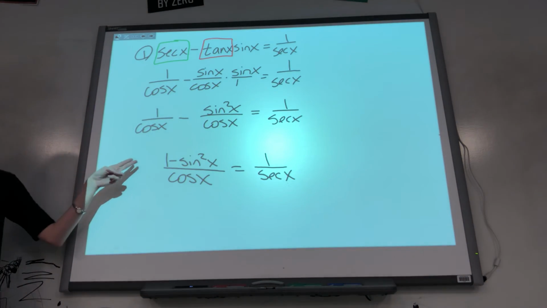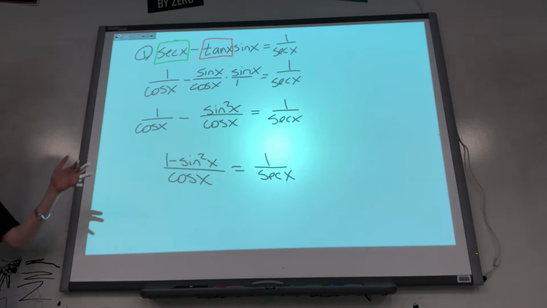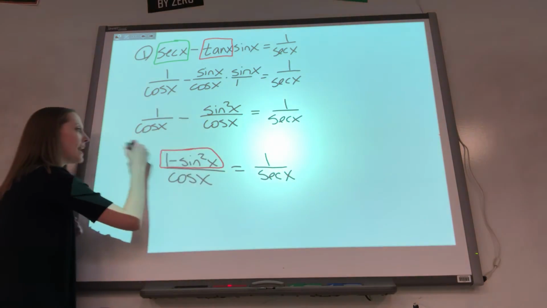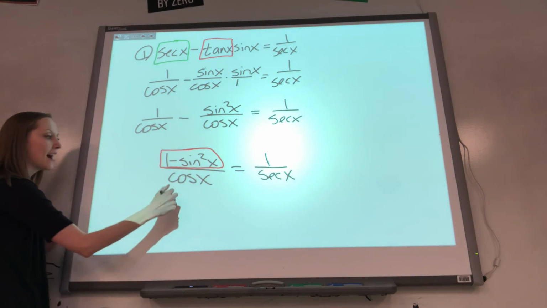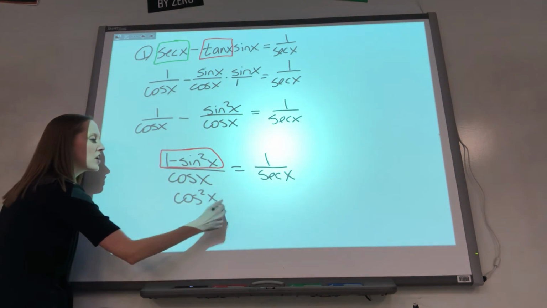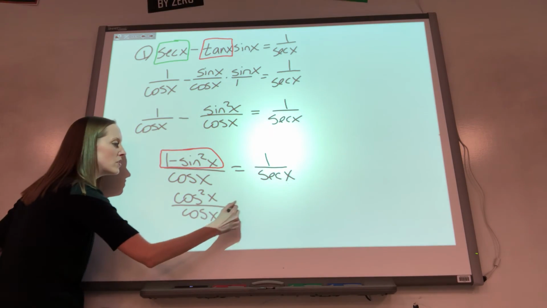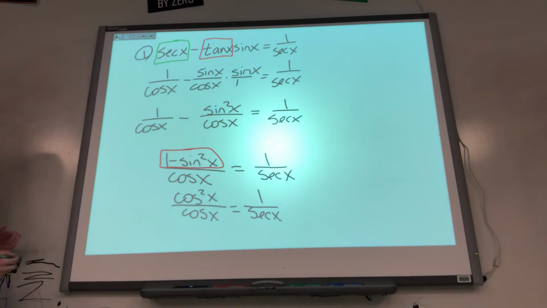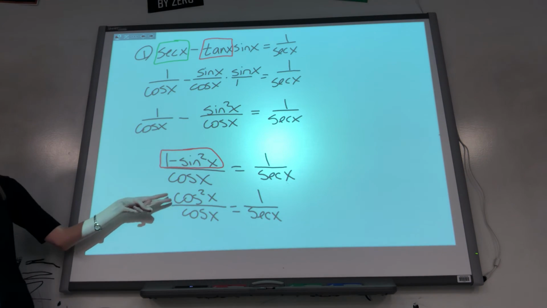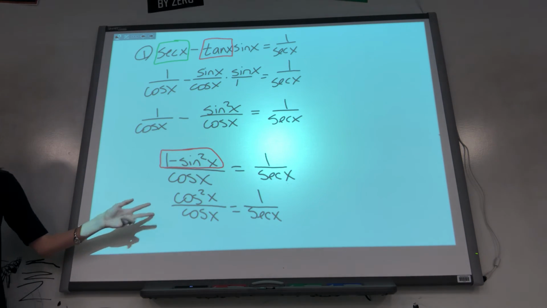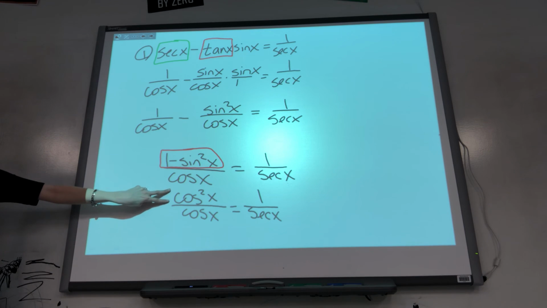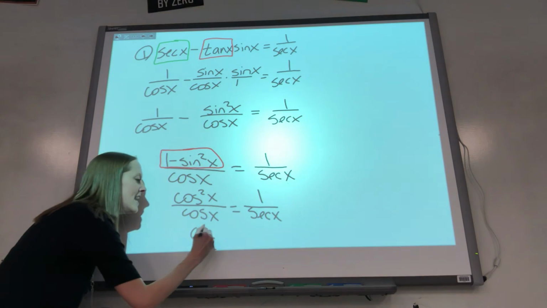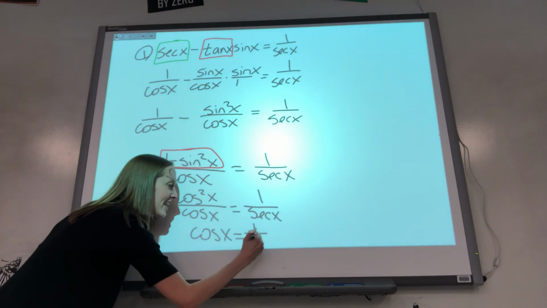Okay, well, what is 1 minus sine squared of x? Cosine squared. This is a Pythagorean identity, and it turns into, I'm not going to have enough room down here. I'll have to swing this up, but that turns into cosine squared. So what do you get if you take cosine squared divided by cosine? Cosine. Now, I'm just about finished.